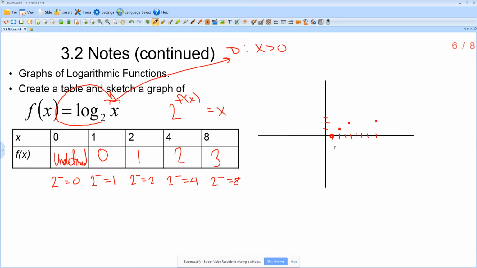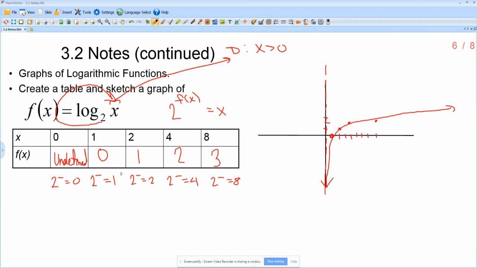So you can sort of see what's happening here. It goes from undefined, remember, through these points, and it will get really, really slow, but it will always keep increasing. What goes right here ends up being an asymptote. We'll get into more of the graphing so that you get where that's coming from.